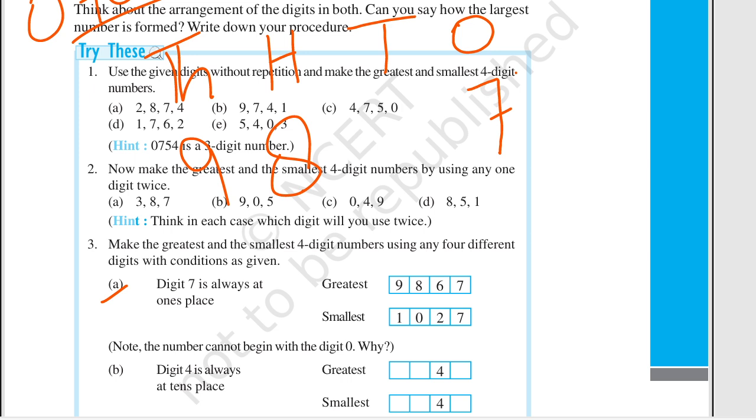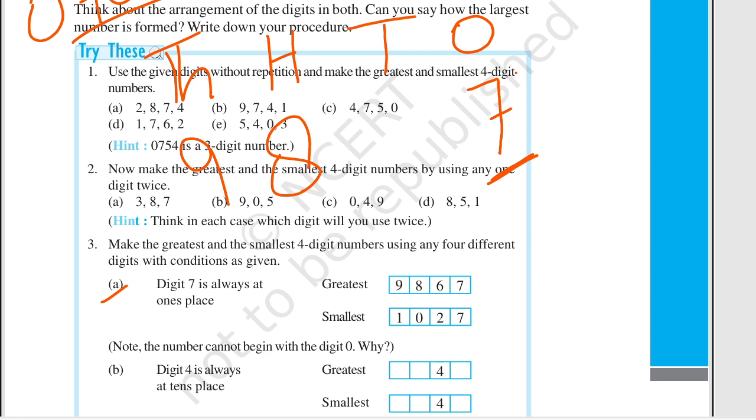But we have already used 7 over here, because the condition was given that 7 is always at the ones place. If 7 is at the ones place, we cannot write 7 on the tens place, because then 7 would come twice. But the condition says you have to use four different digits, means you cannot repeat the number.